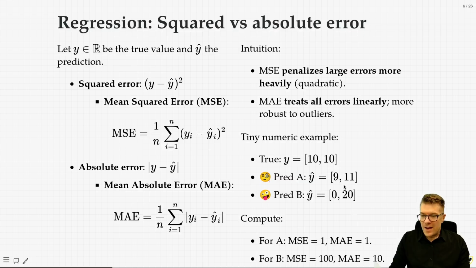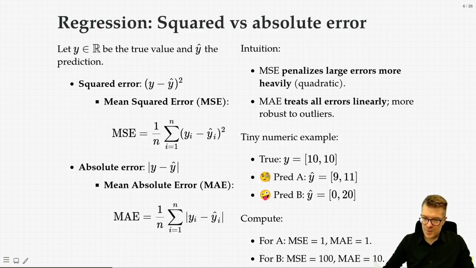And if you go ahead and do the same thing and plug in these values of y hat down here for the absolute error, compare it to the true values, you get differences of 10. The average absolute error here is just 10, and you can see now there's a bit of a difference emerging between the mean absolute error and the mean squared error. So in the case where the model is fairly correct, like in model A, the mean squared error and the mean absolute error are both very small.